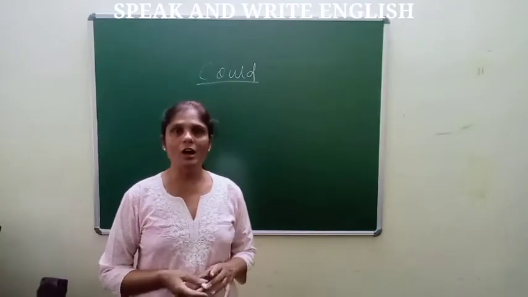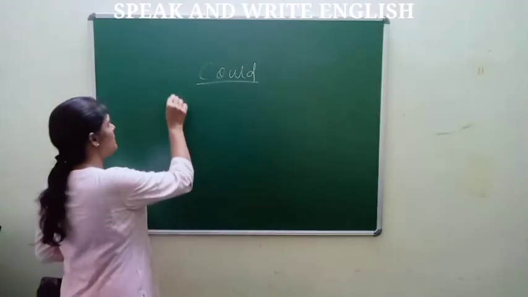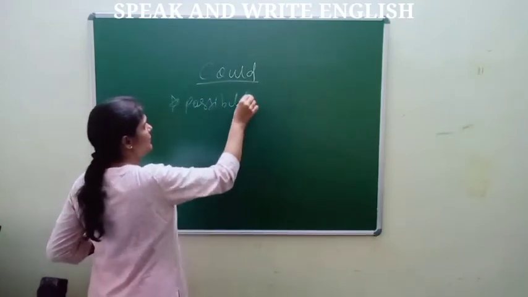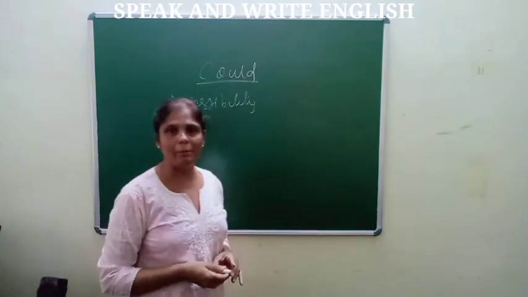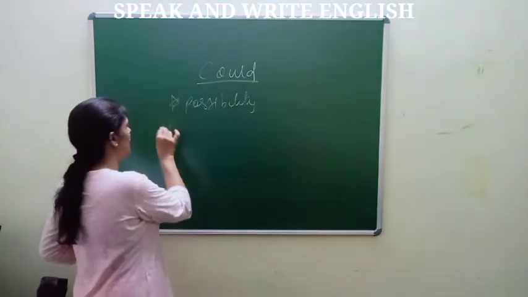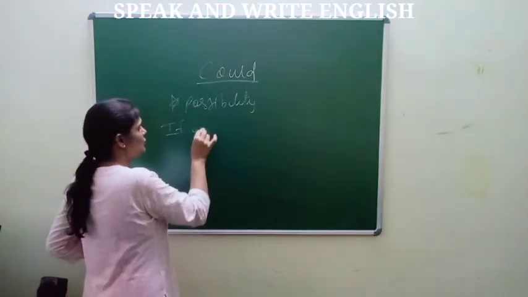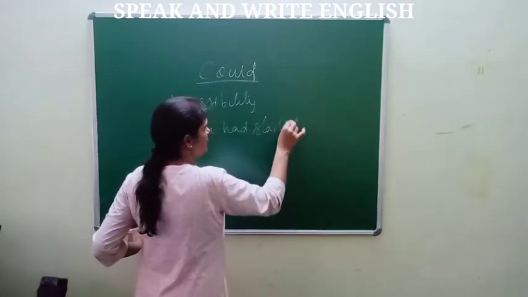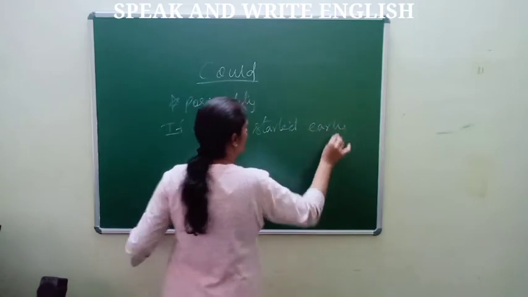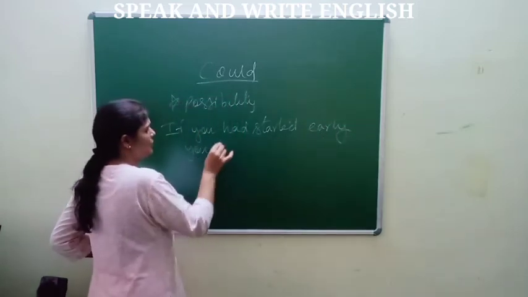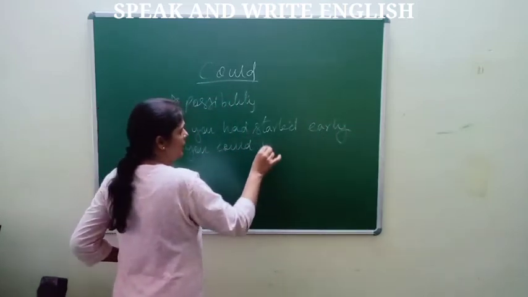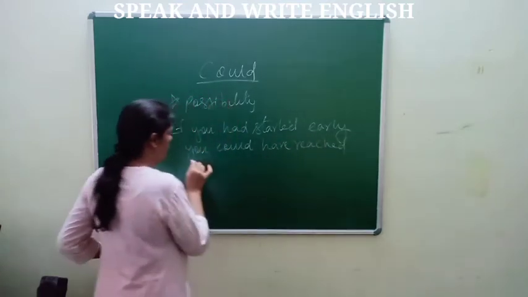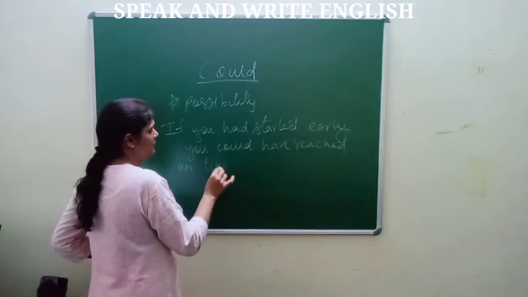The modal could also talks about the possibility, a possibility of something to happen but which did not happen. For example, if you had started early, you could have reached on time.